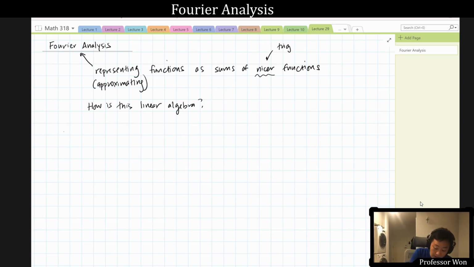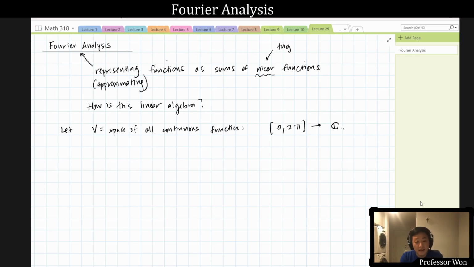Okay, so what we're going to do is let V be the space of all continuous functions from, let's say, 0 to pi to C. Now, there are a lot of different ways to introduce Fourier analysis.